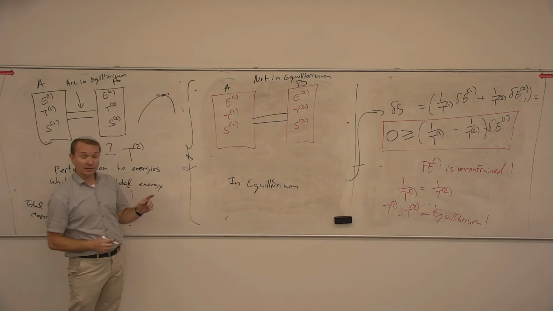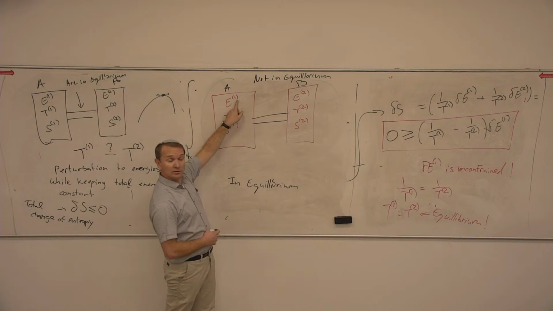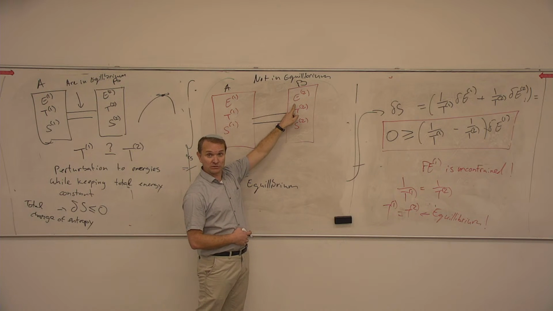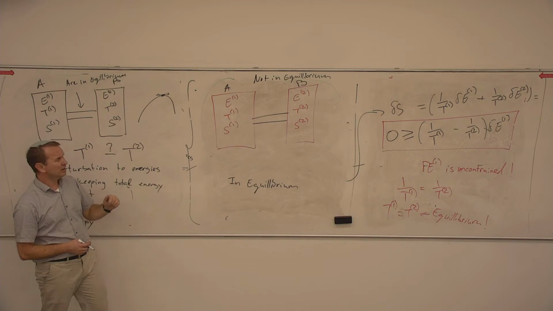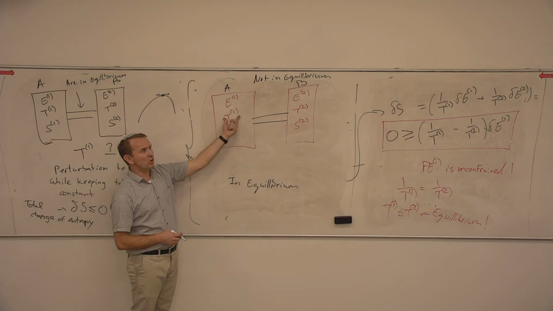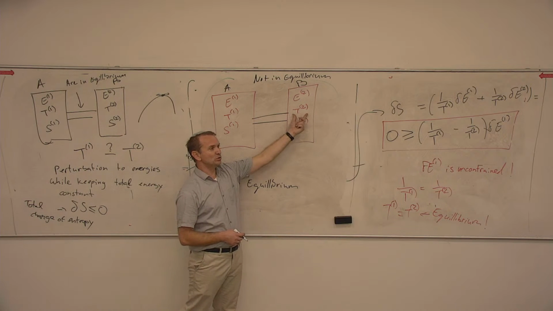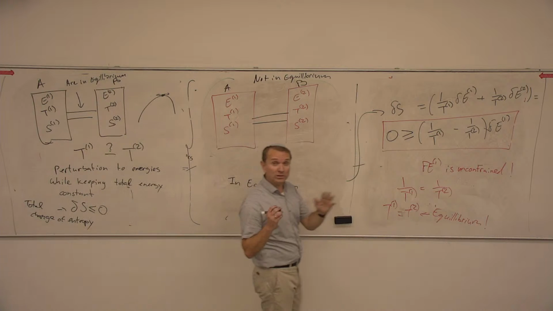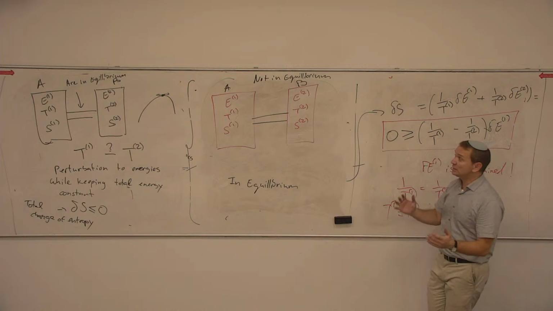What I will get is that the heat is going to flow from the system with higher energy to the system with lower energy, right? This is usually an assumption of the second law, and the temperature that was higher is going to get lower, and the temperature that was lower is going to get higher, right? Again, I don't need to assume this.